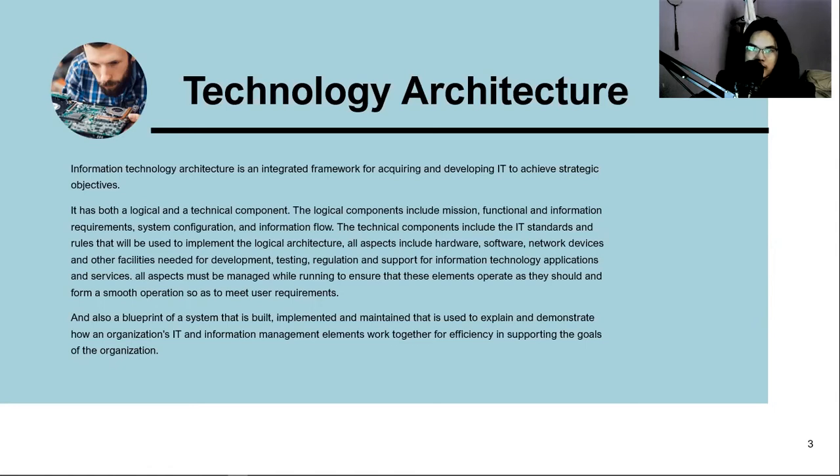All aspects include hardware, software, network devices, and other facilities needed for the development, testing, regulation, and support for information technology applications and services. All aspects must be managed while running to ensure that these elements operate as they should and form a smooth operation so as to meet user requirements.